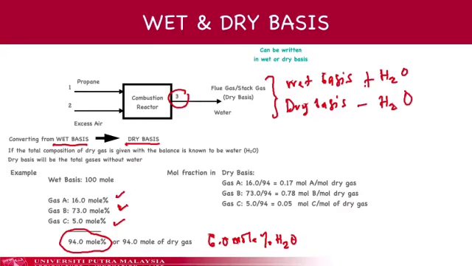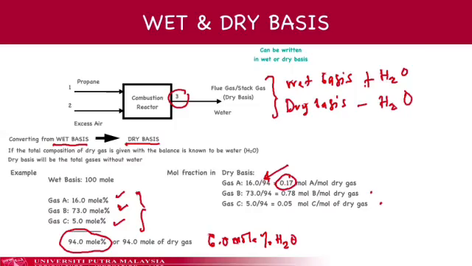If we are reporting the amount of this gas fraction here in a dry basis, then we are taking the denominator by removing the water content and only put the total dry gas content as the denominator. Then we are altering the mole fraction a little bit. Gas A is now about 17%, gas B is 78%, and gas C is 5%.